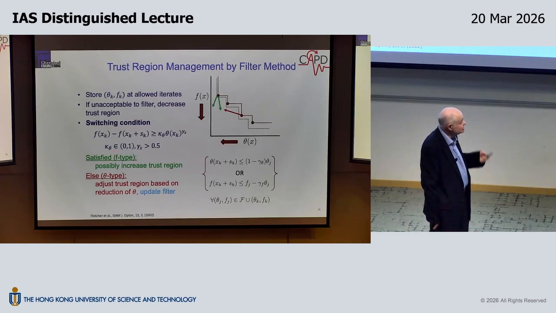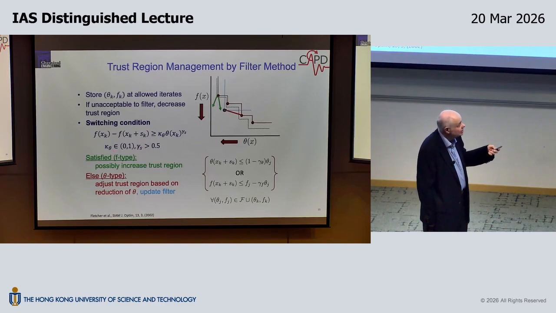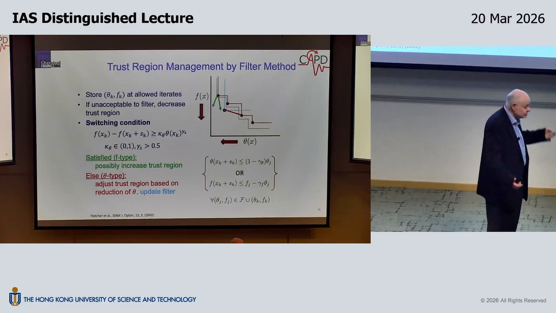In this case, we're not going to adjust the trust region, or we might a little bit, but we are going to make sure that this point here gets added, and we only work inside this region over here. Otherwise, we don't make any progress in the optimizer. That's how we basically force it to converge. So this is the filter method.